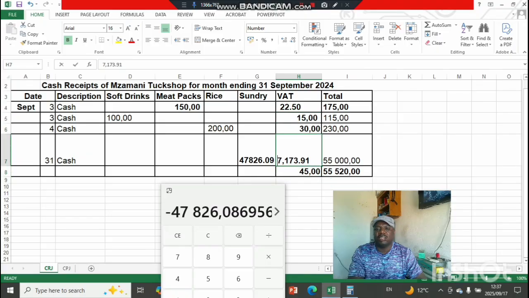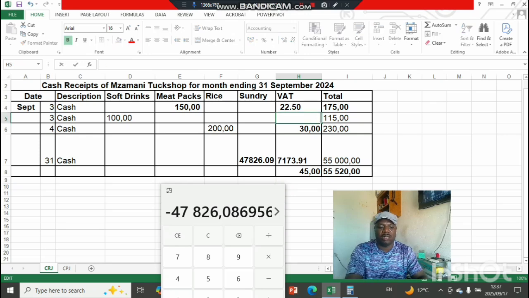Okay, I think I should say this. 15 rands. And the cost for this 50. Leave it like that, and then 30.